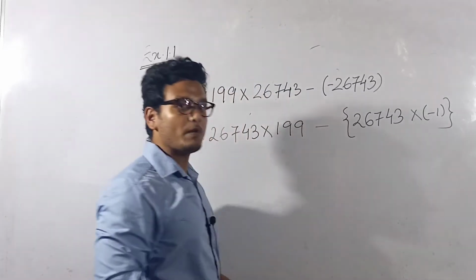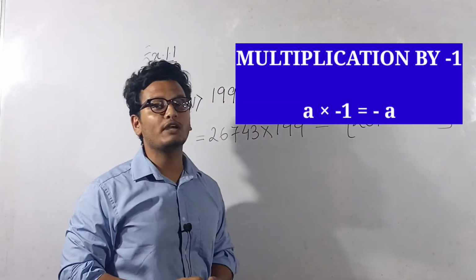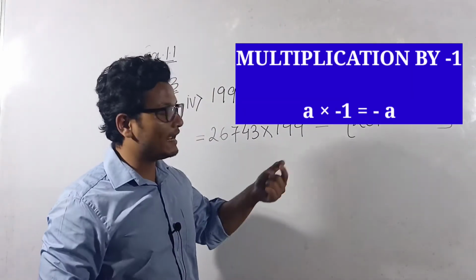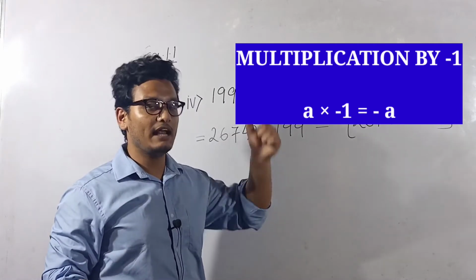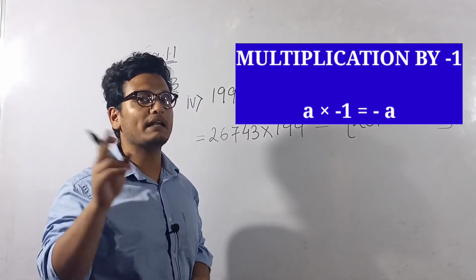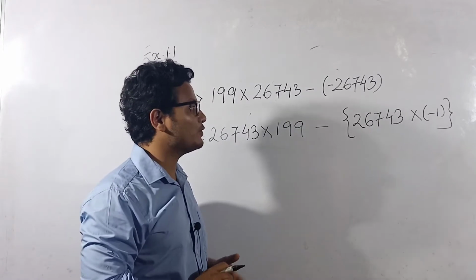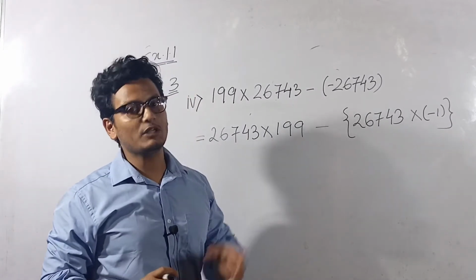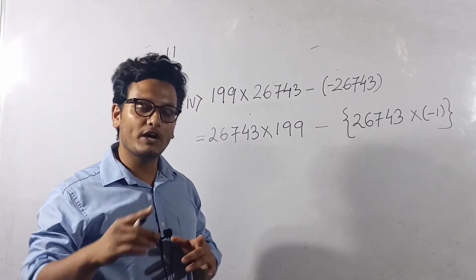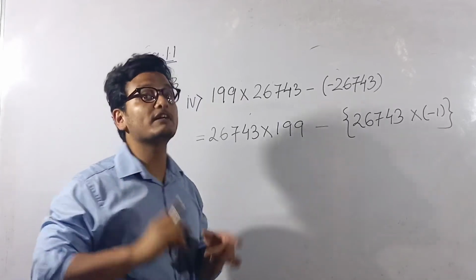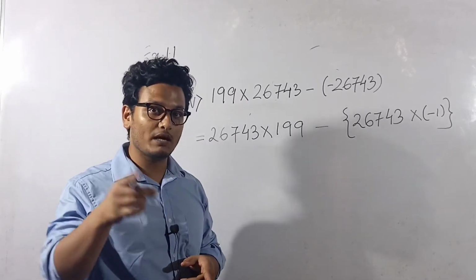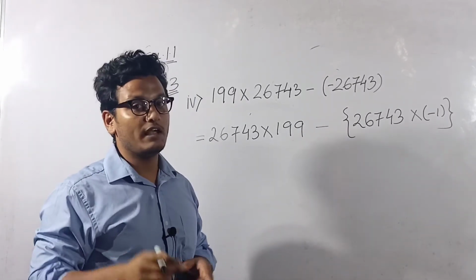By the property of multiplication by minus 1, what do we get? We get that if A is an integer, A into minus 1 is equal to minus A. That means whenever we multiply any integer with minus 1, what do we get? We get the same integer but with the reverse sign. If it is negative it will become positive, if it is positive it will become what?